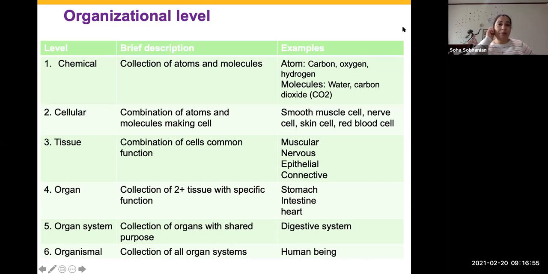Now, at the most basic level of us as organisms, we have what we call the chemical level. And the chemical level is basically collections of atoms and molecules. So I gave you examples of atoms here. Atoms are things like carbon, oxygen, hydrogen. If I ask you where you can find these names, what's the most common place?